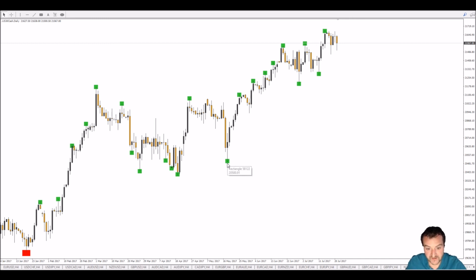In that case, this reversal point, which I just marked, has to take out or clear the previous high, and it clearly did it. So this is a valid trendline reversal. Okay, I will be back with you in a second and show you how the chart looks when we only have the trendline reversals left.